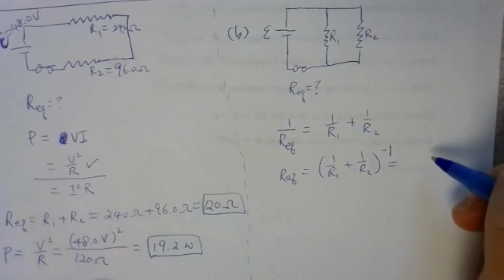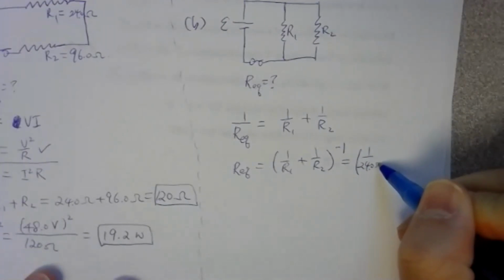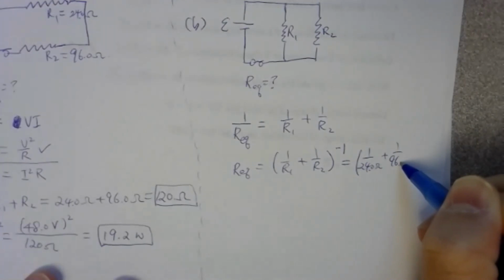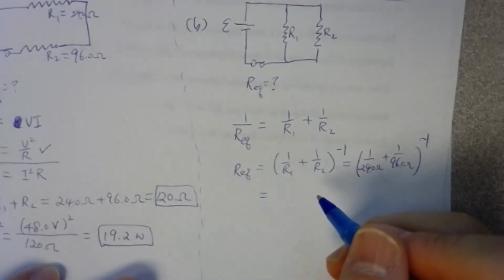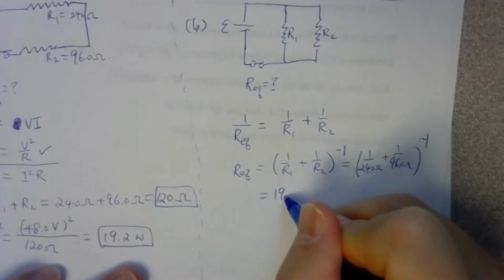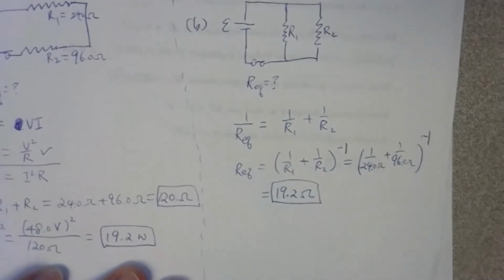You can plug in the numbers there, 1 over 24 plus 1 over 96 ohms, and then take the inverse of it. That will give you 19.2 ohms as the equivalent resistance of the circuit.